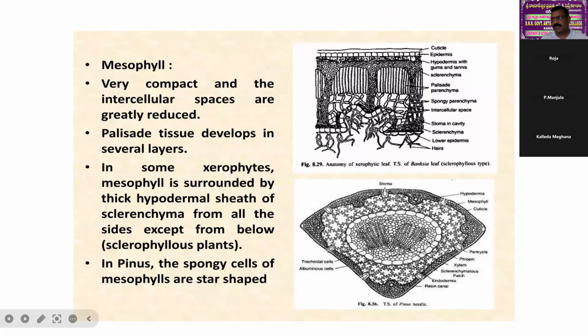Here in Pinus, the leaf is modified into a needle-like structure, with sunken stomata, the upper epidermis followed by the hypodermis, sclerenchymatous patches, the vascular tissues, and resin canals.